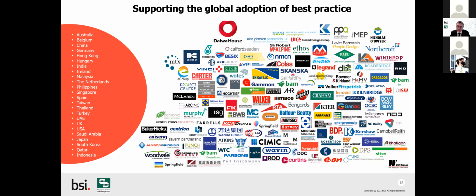From the current count, I think it's around 24 countries, and the numbers of clients are now multiples of hundreds globally, where we're working to help synergize their operations in construction and also asset management.